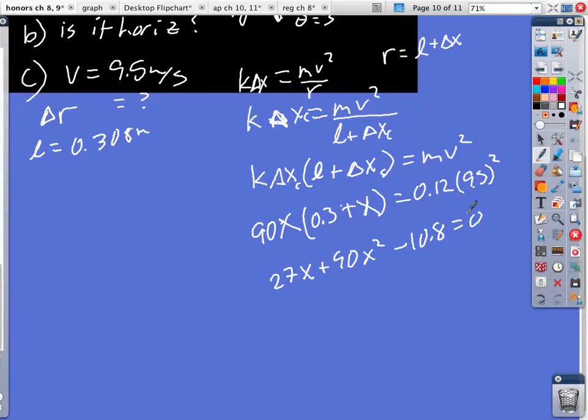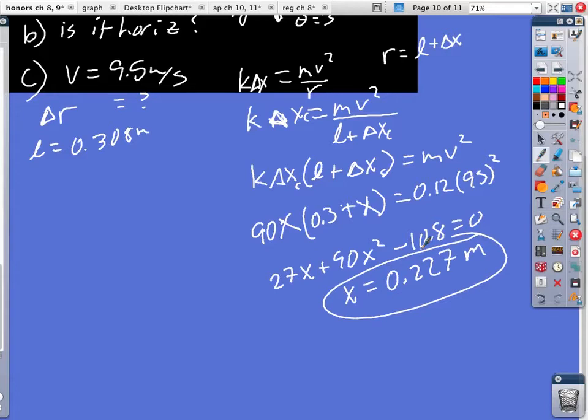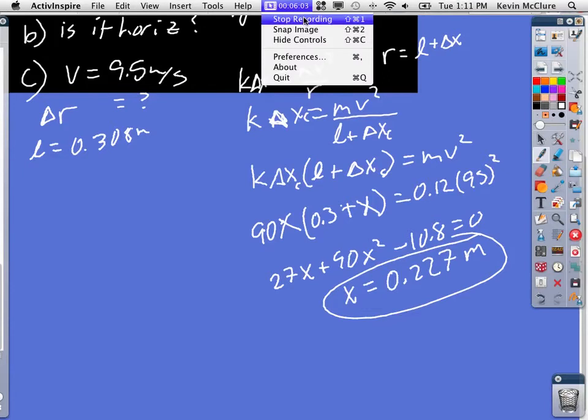So if I go to Polysolve and I put 90, 27, and negative 10.8, we get x is equal to 0.227 meters. We also get a negative value, but that doesn't really make any sense. So 0.227 meters. So that makes no sense.